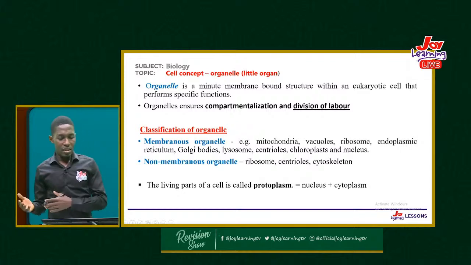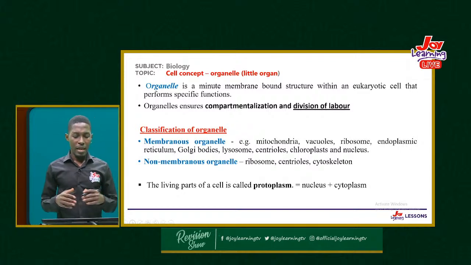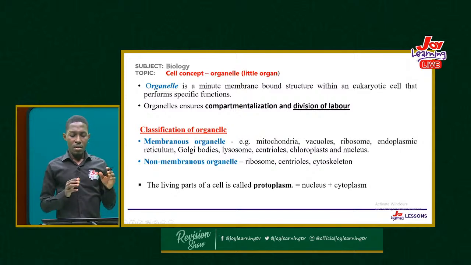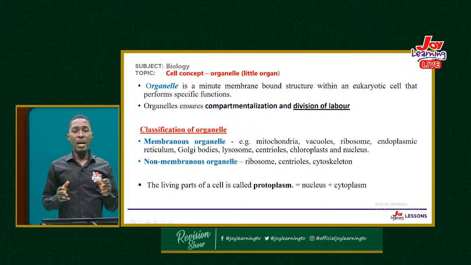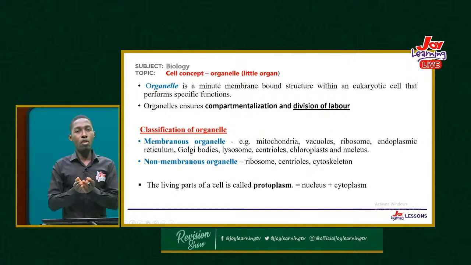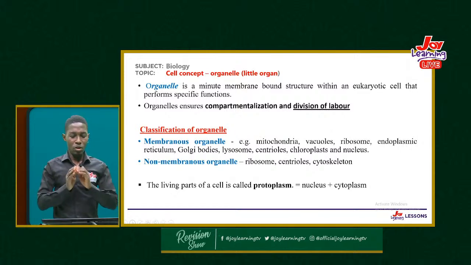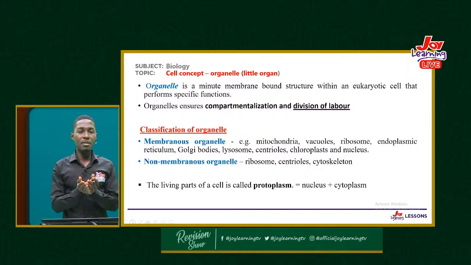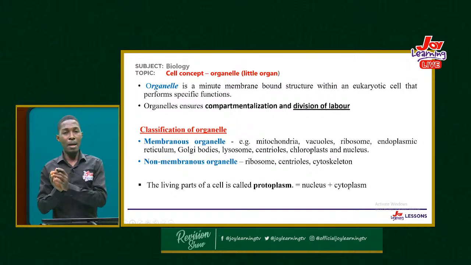Now, as I mentioned, there are some organelles. And we define an organelle as minute structures within a eukaryotic cell that are bounded by a membrane and perform a specific function. Because you are covered, we say you are a compartment. So we mostly say it ensures compartmentalization and division of labor.